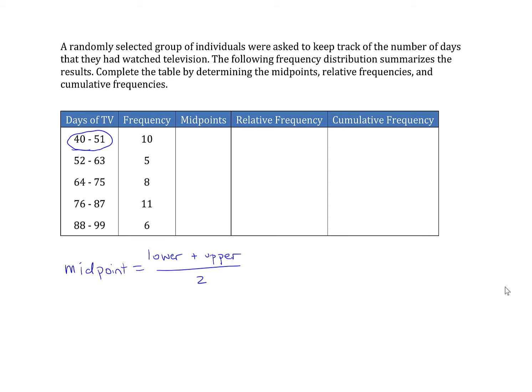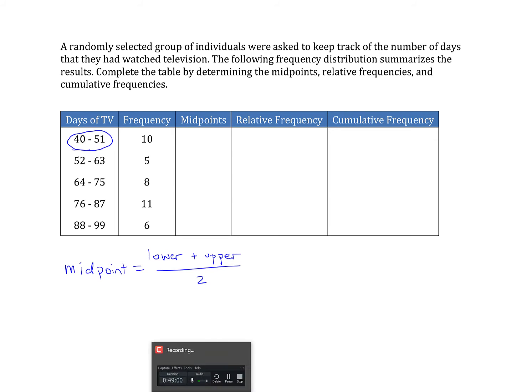An average says to take all the data items you have, add them together, and divide by the number of items. Here I have 2 data items, a lower and an upper value, and I'm dividing by 2. So that is in fact an average. Just think of it as an average, and you don't really need a formula.